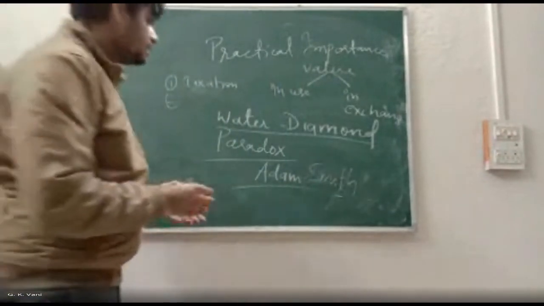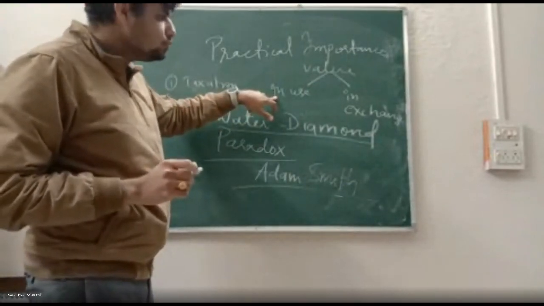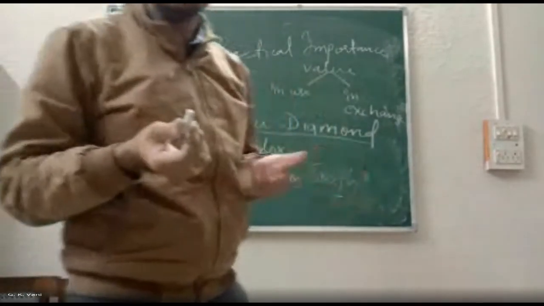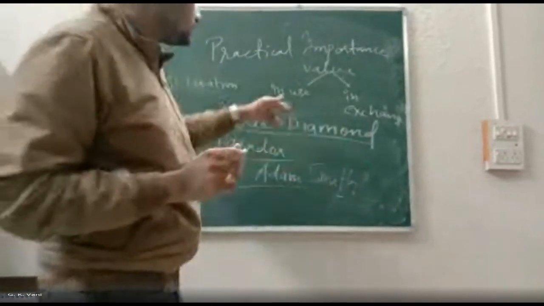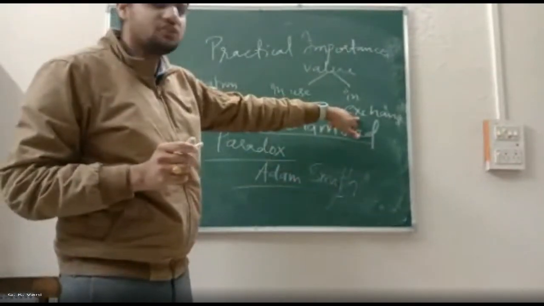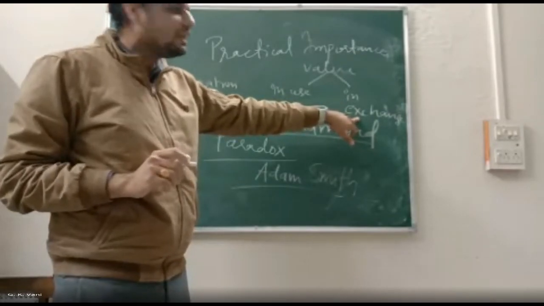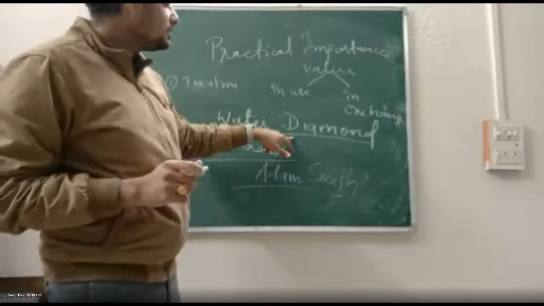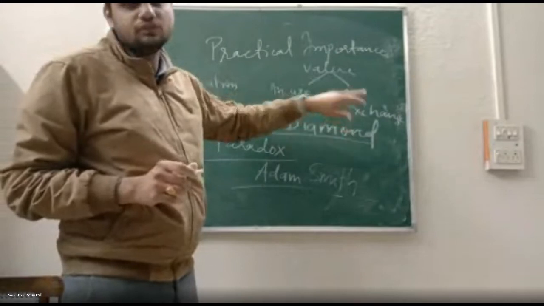In that he said, water has a lot of use value. That means it is useful for all our necessities. It's a necessary good. But its exchange value is very less. And diamond is something whose use value is very less, but exchange value is very high.